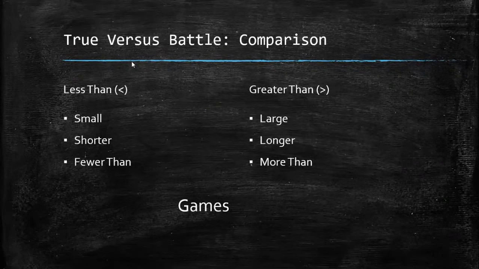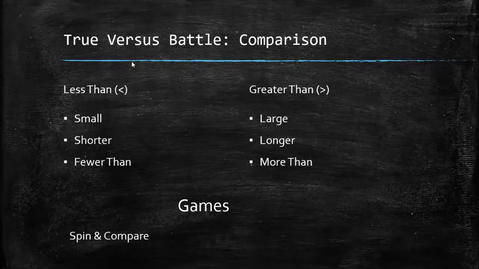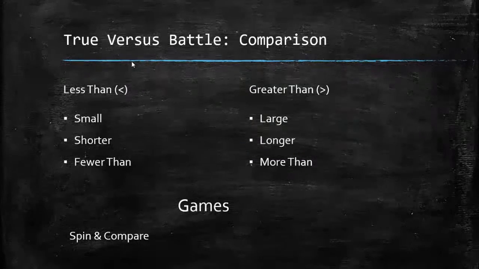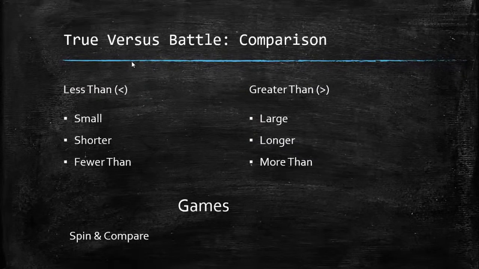Here are the top 3 games of comparison for numbers. Spin and compare. For spin and compare, you will need a sheet of paper. You will also need little arrows that you can use to spin.